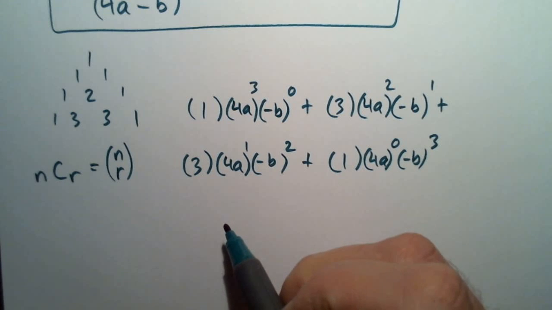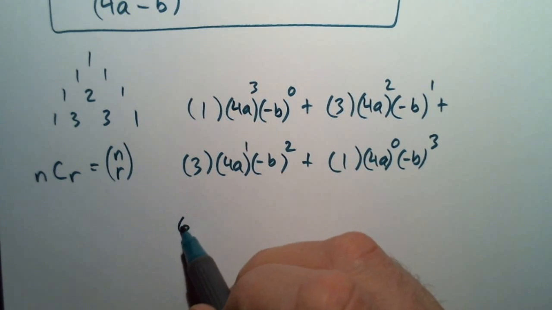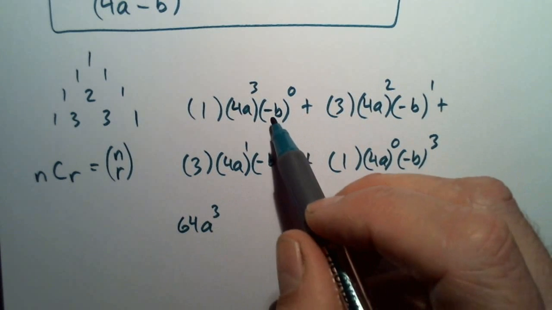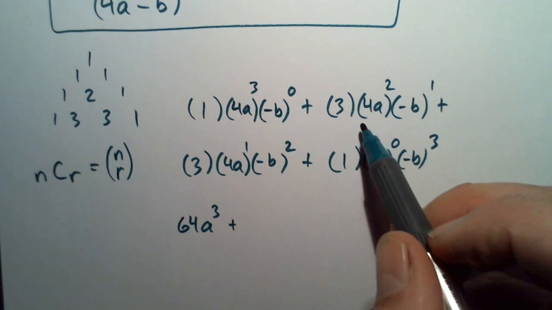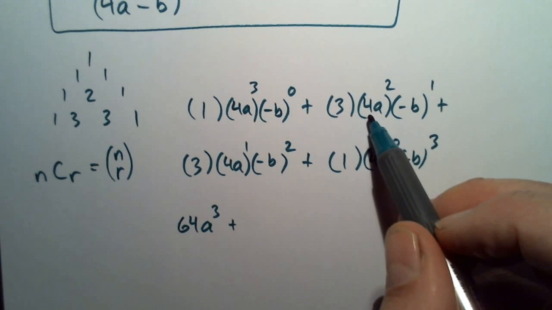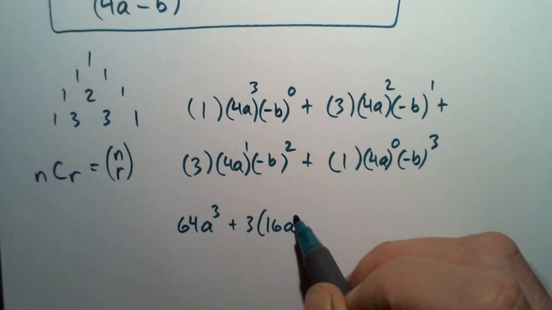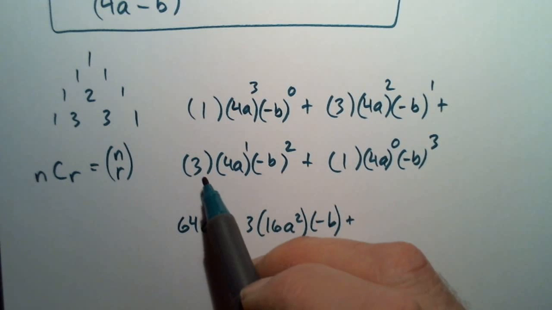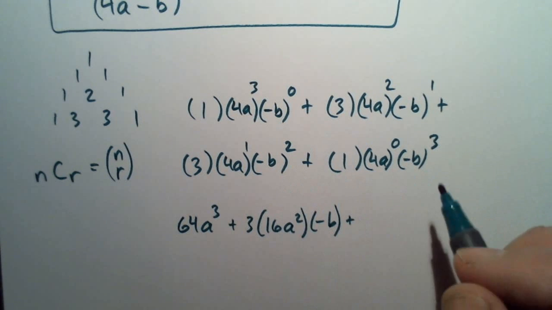expand everything. So we have 1, this would be 4 to the third power. That's 64, a cubed. This is 1, so it's times 1 there. Here we're going to have 3 times 16a squared times negative b. 3 times 4, that'll be a 12a times b squared.